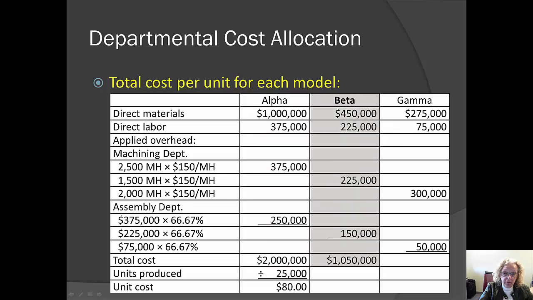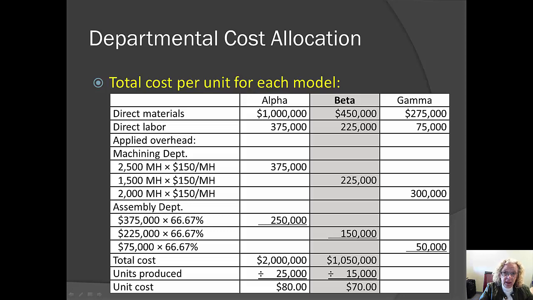We can do the same thing for the beta motors, add up their materials, labor, and the overhead from both departments, divide by the number of units, and that tells us that in this system we understand beta motors to cost us $70 each.